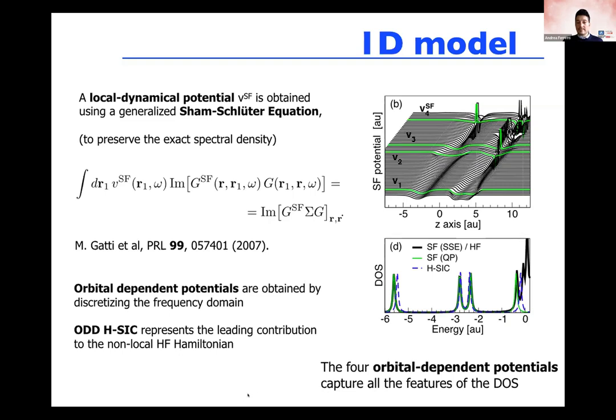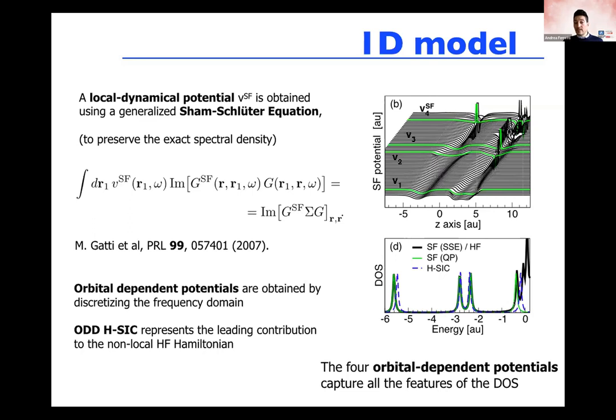Interestingly, we can discretize or make the quasi-particle approximation to our dynamical potential and obtain these green peaks here that somehow are able to reproduce nicely the Hartree-Fock non-local potential by means of local but orbital dependent potentials.